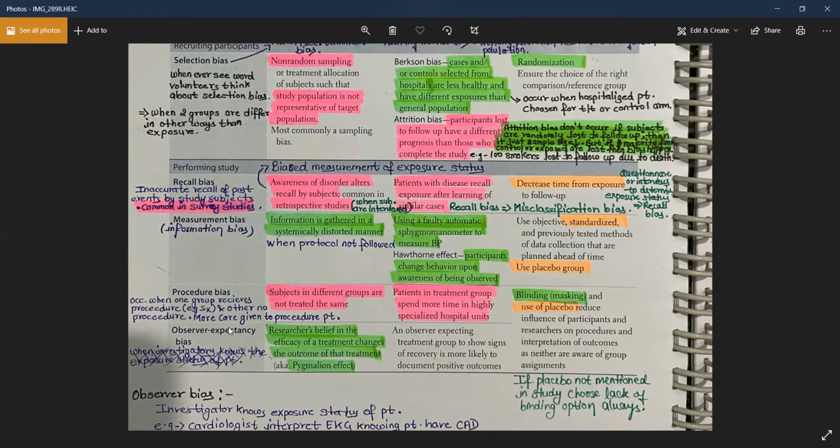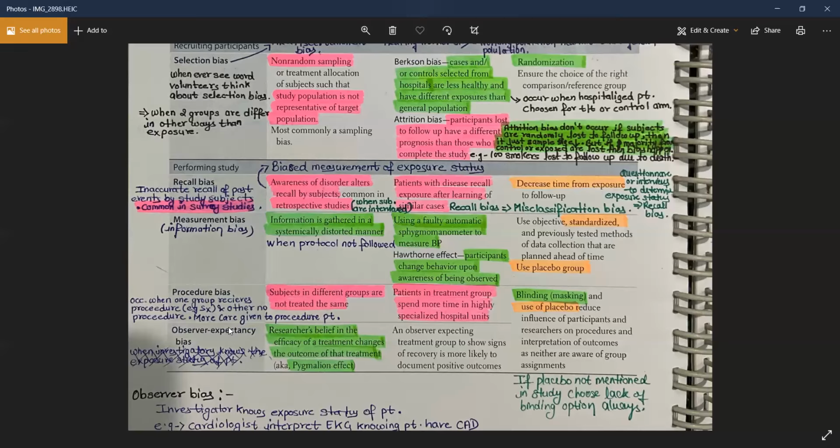So all these pathologists who are working in the same hospital as the patients are more likely to get the data very fast because they already know the exposure status, than those pathologists who are not from the same hospital.